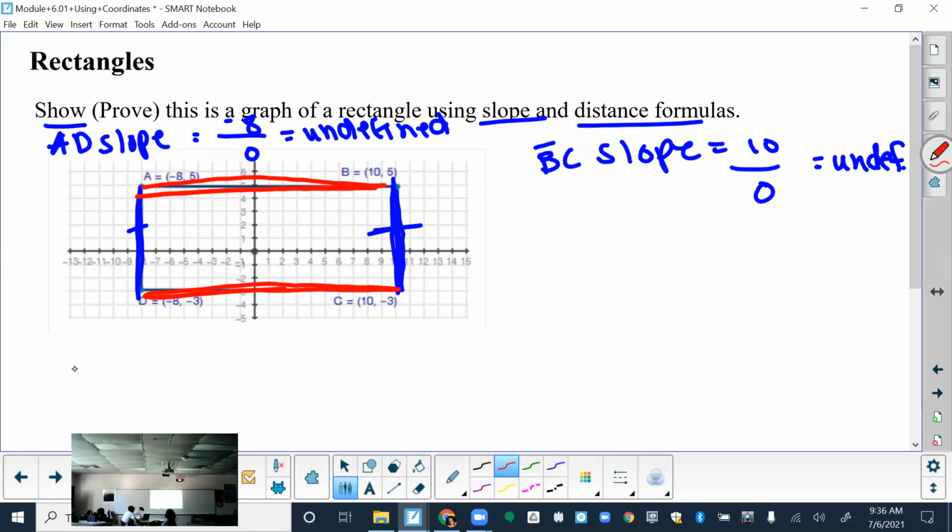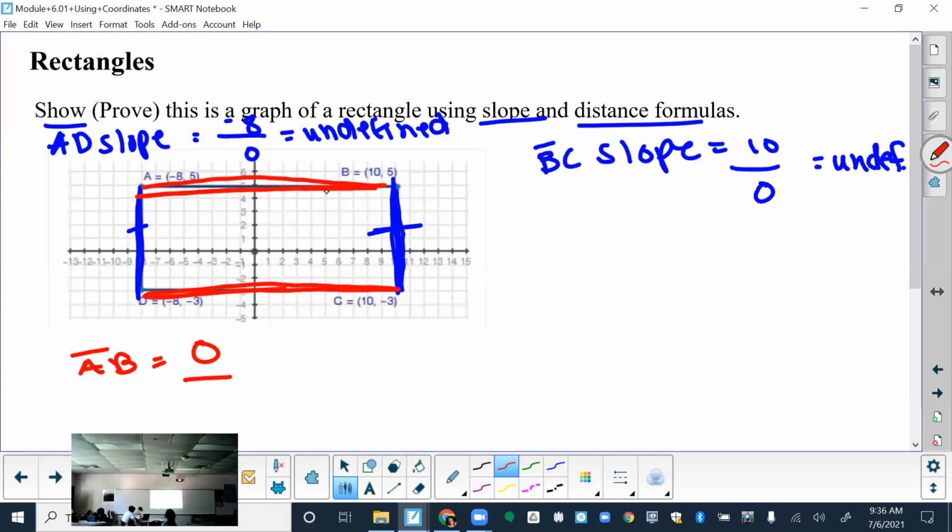So for line AB, do I have a rise at all? No. I do not have a rise at all, right? It doesn't go up or down at all. So no rise. It does have a run.